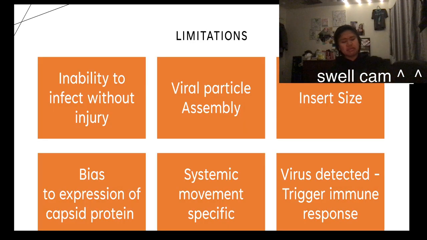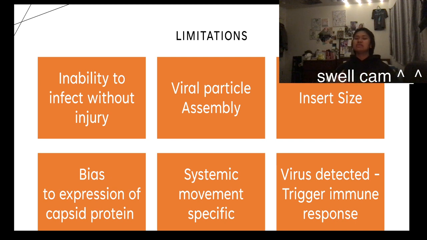Some limitations with this approach, though, are that you need to injure the plant tissue to infect the plant with your tDNA and the agrobacterium, which poses a concern for contaminants to get in as you're having to wound the plant, as well as the plant having to spend metabolic resources to focus on fixing that wound.